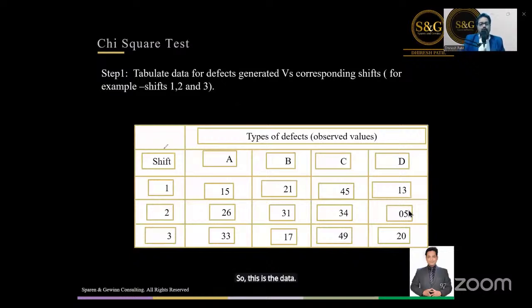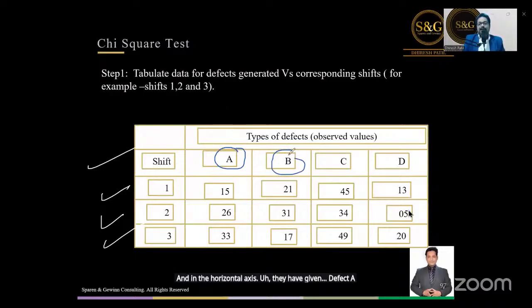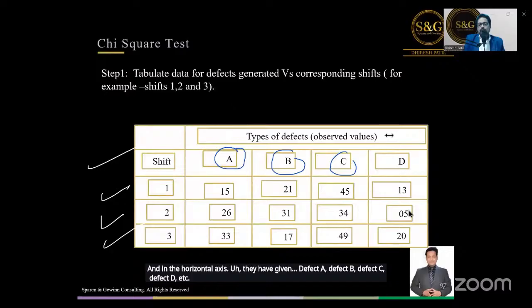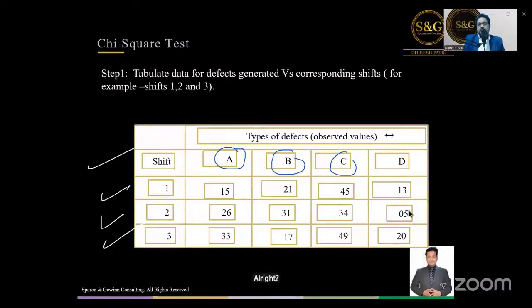In this column you can see shift 1, 2, 3, and in the horizontal axis they have given defect A, defect B, defect C, defect D, etc. Let's say, for example, in the first shift there are 15 A defects, 21 B defects, 45 C defects, and 13 D defects. Similarly, for the second shift and night shift, they have collected the data.